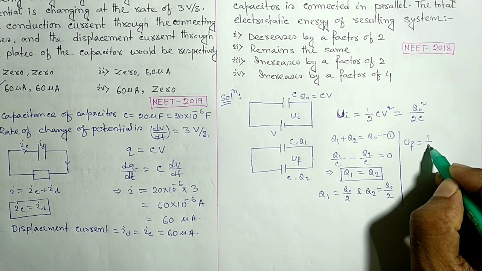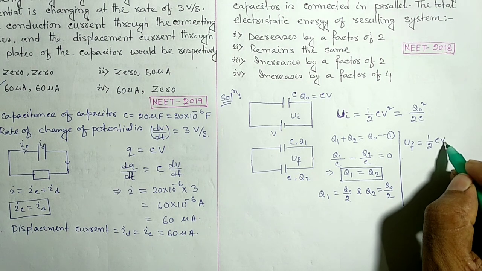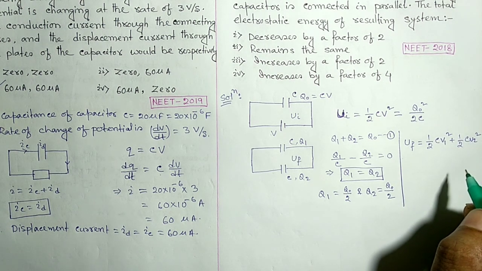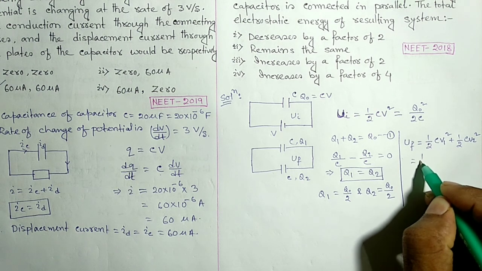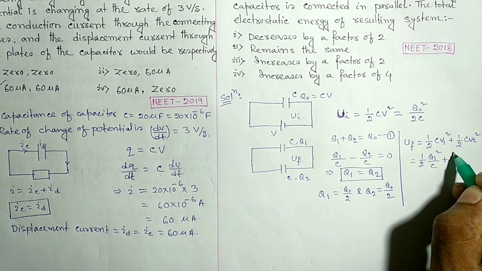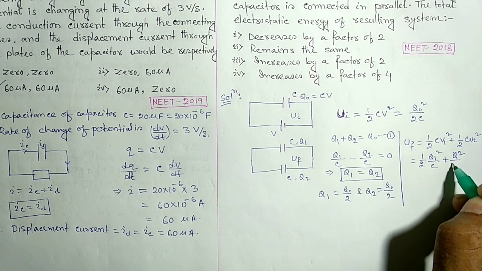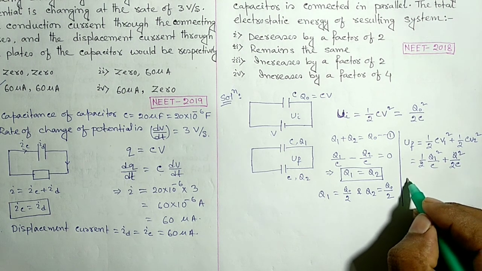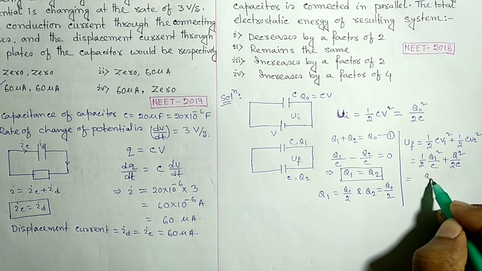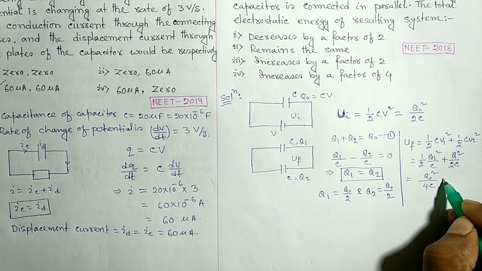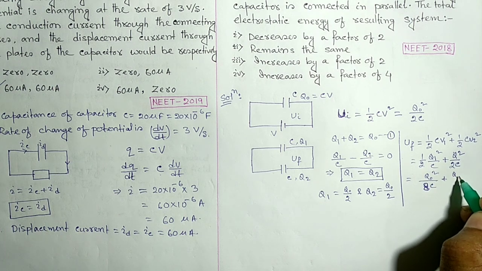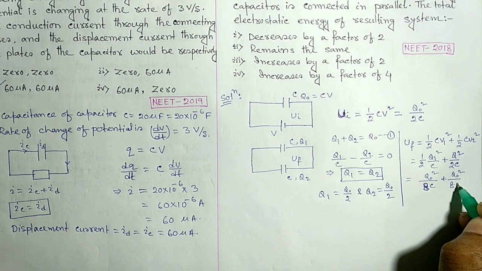It is equal to half C V1 square plus half C V2 square, which is half Q1 square divided by C plus half Q2 square divided by C. Now Q1 is Q naught by 2, so this is Q naught square divided by 8C, plus Q naught square divided by 8C.